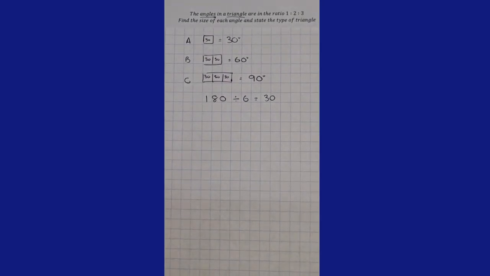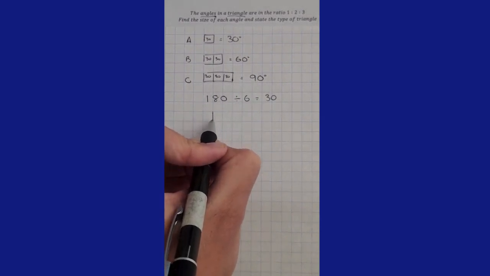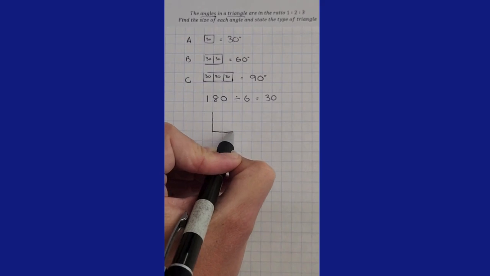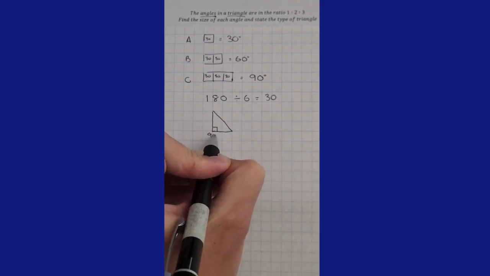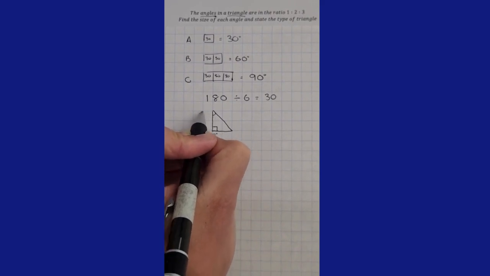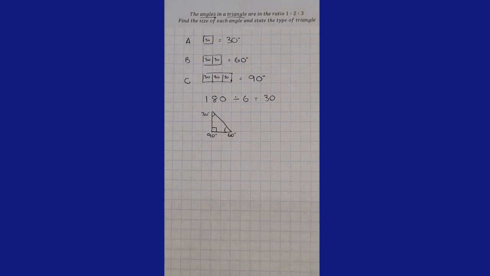So find the size of each angle: 30, 60, 90, and state the type of triangle. Well, I can see it's got a 90-degree angle in it. If I wanted to do a little sketch of this one, this is just me going an extra step. I've got a 90-degree angle here, a smaller angle of 30 here, and then this angle would be 60. I don't need to draw this one, but just so it's nice and clear for you.